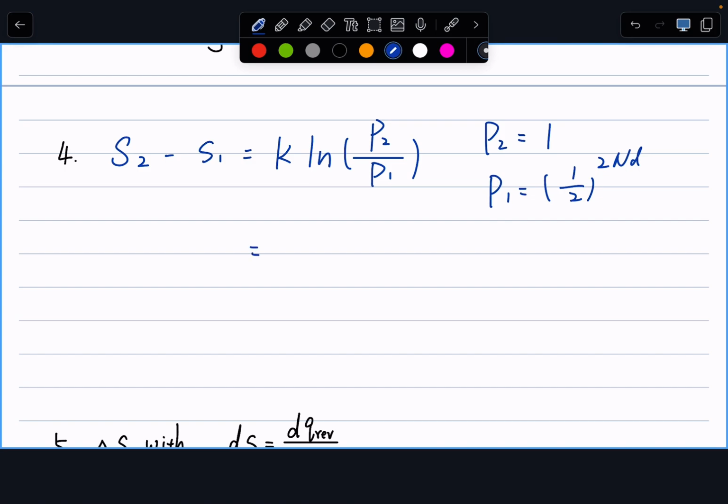We can write this out as 2NDk ln 2. So that's our expression coming from our probability theory.